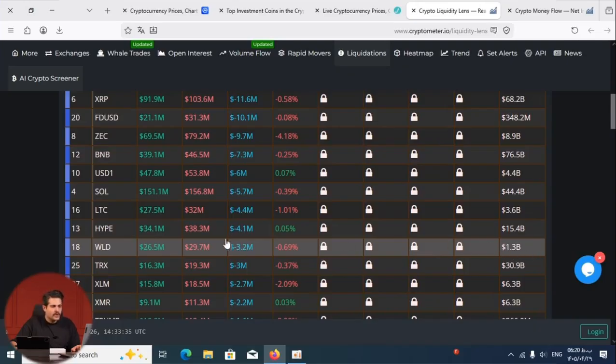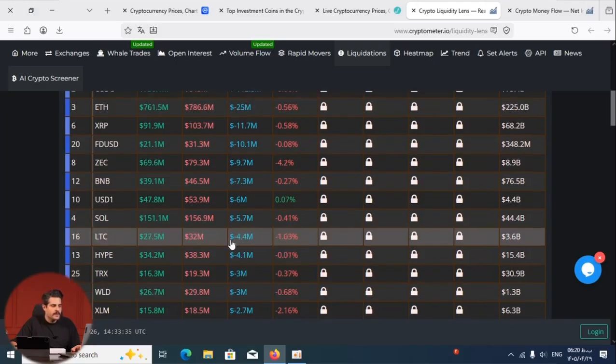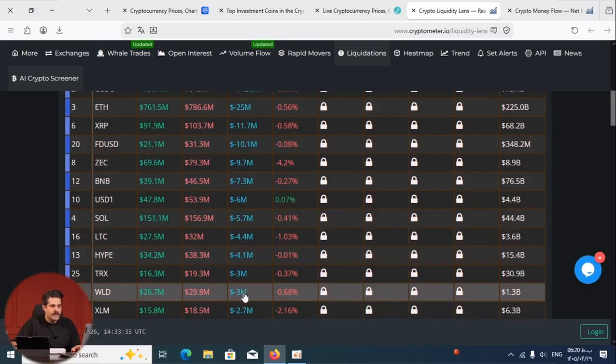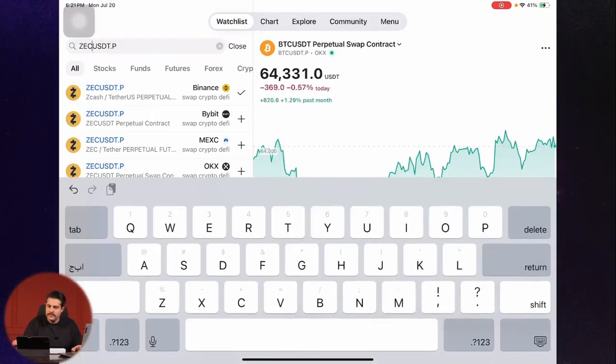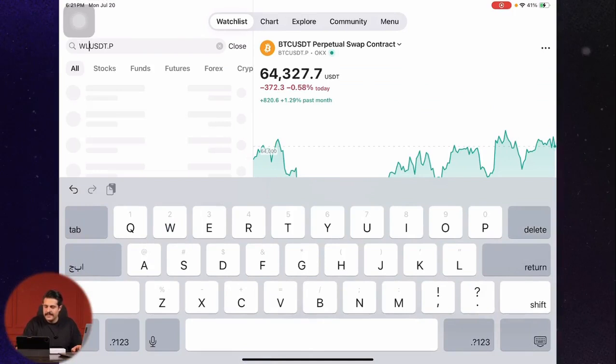Which one of these is more attractive for me to open a sell trade on? Definitely, WLD has better conditions. Why? Because relative to its market value, it had a heavier outflow. I'll add WLD. WLDUSDT.P.